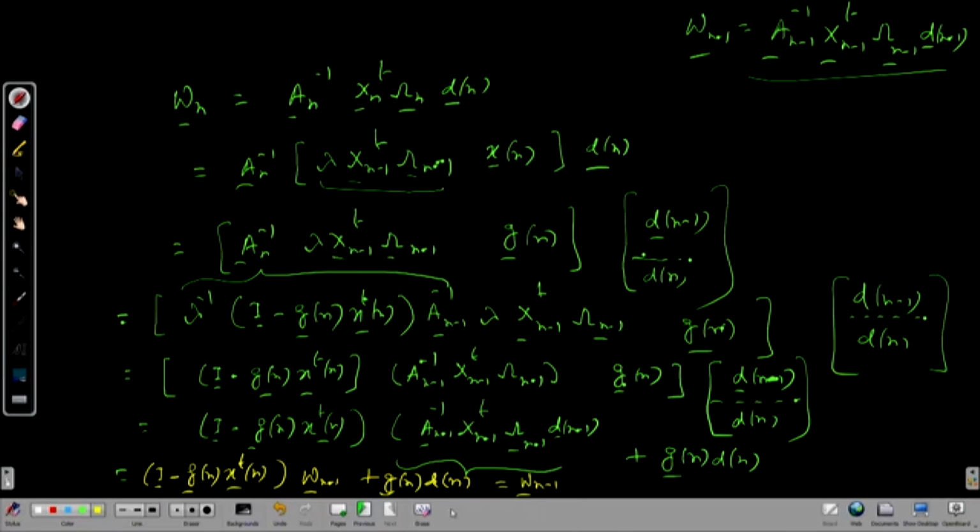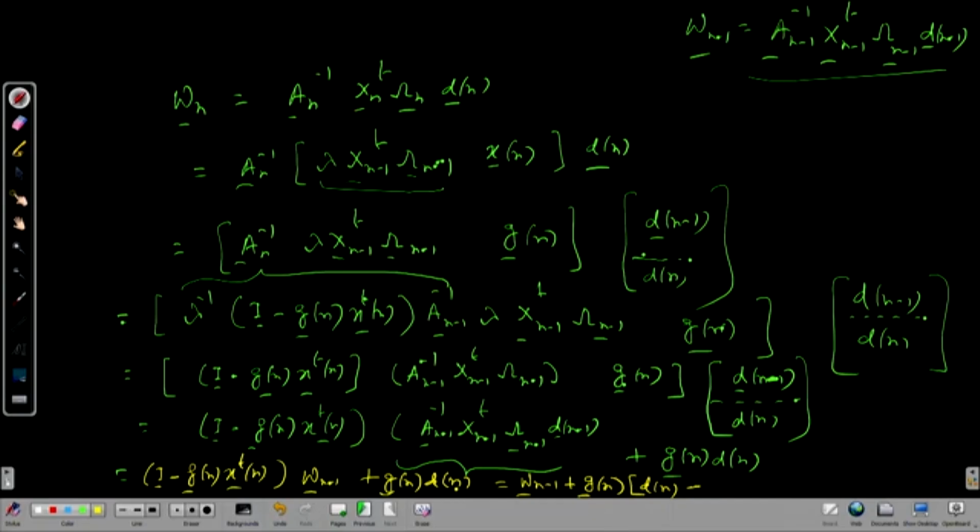And then g n you take common. So, you have d n here, scalar d n, vector, the scalar d n minus d n, if you take common, x transpose n. This is a column, g n was a column vector, x transpose is a row vector, W n minus 1 is a column vector.